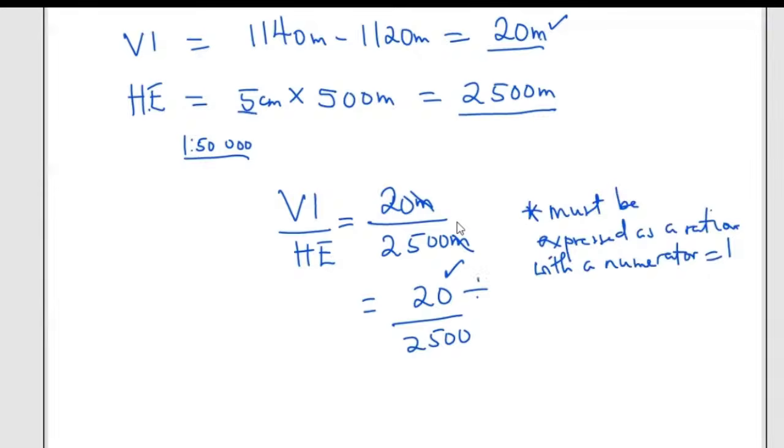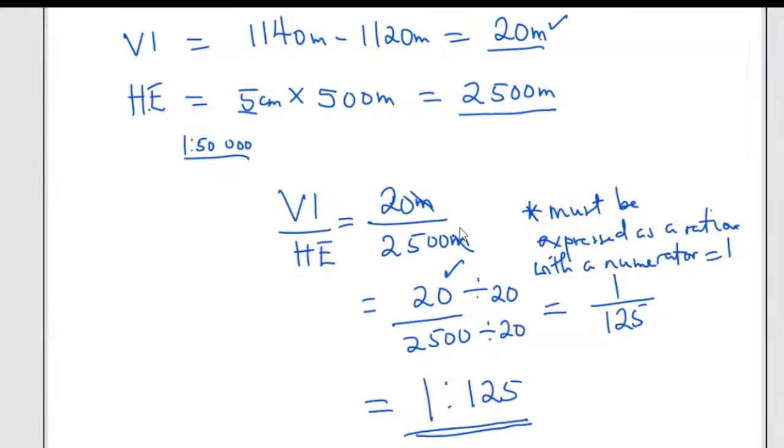I divide it by itself. Then I also do the same to the denominator. I divide it by 20. After dividing this, it gives me 1 as the numerator. And after dividing this, it gives me 125 as the denominator. So as a ratio, I'm saying my gradient is 1 as to 125. That will be my final answer for the sake of just an illustration.